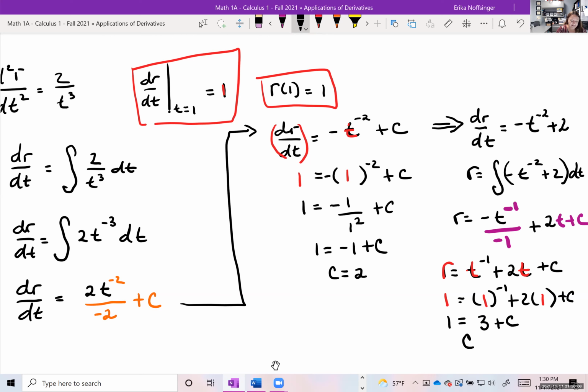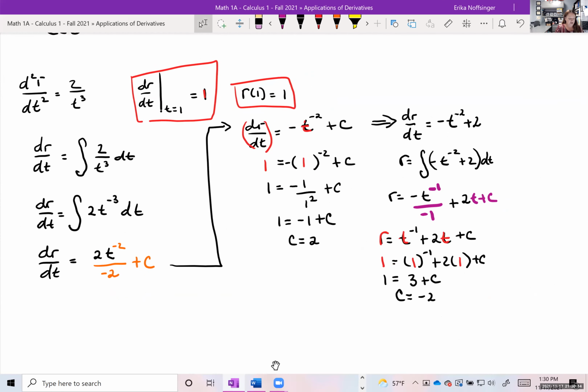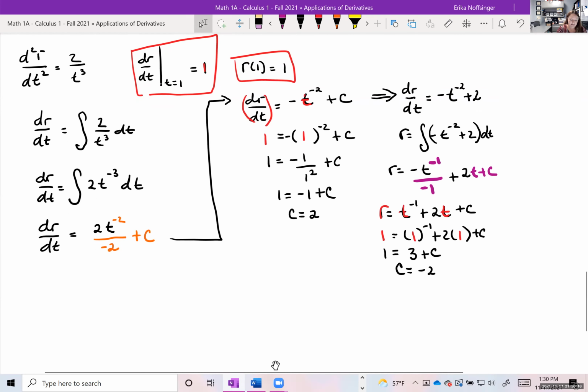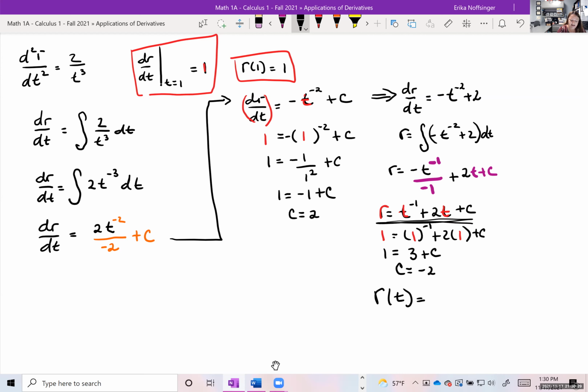So in this case, c is negative 2. So now we know what our original function is. Our r value, or you can write it as r of t, is equal to t to the negative 1 power, which is 1 over t, plus 2t plus c, but c is negative 2, so minus 2.